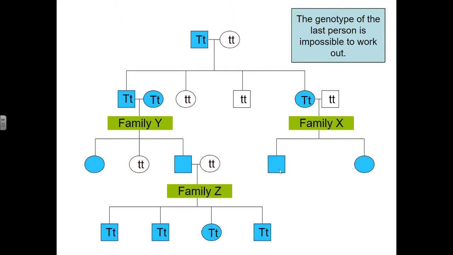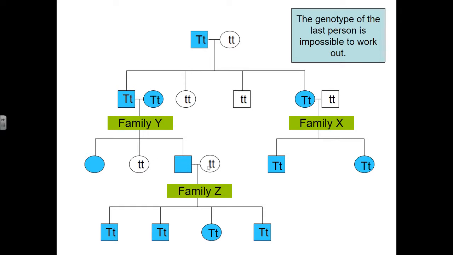These 2 will have a big T from their mother and a small t from their father. Here we actually don't know if this one is big T, big T, because that's possible, or big T, small t, because that's possible. We just know it's not small t, because it's not white.